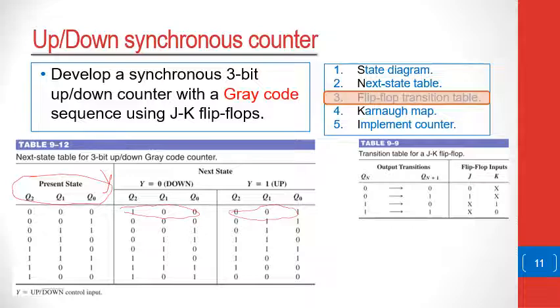So in the first instance, if the Y input is 0, then this corresponds to that bit. If the Y input is 1, the green bit, then it will correspond to this transition.